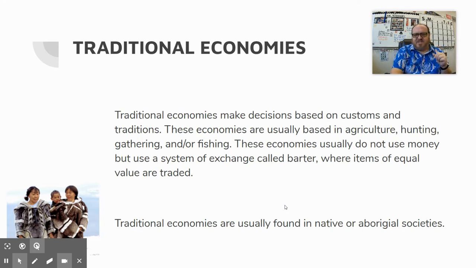Instead, they use a system of exchange called barter. It's where you exchange one good for another. And we usually find traditional economies in native or aboriginal societies. That's why there's the picture down over there of the Inuit family. Okay, Inuits still use a traditional economy. They also have some elements of capitalism, but they're mostly traditional.